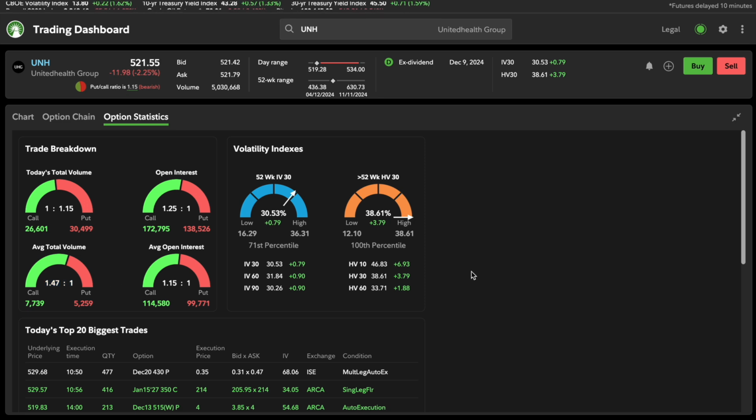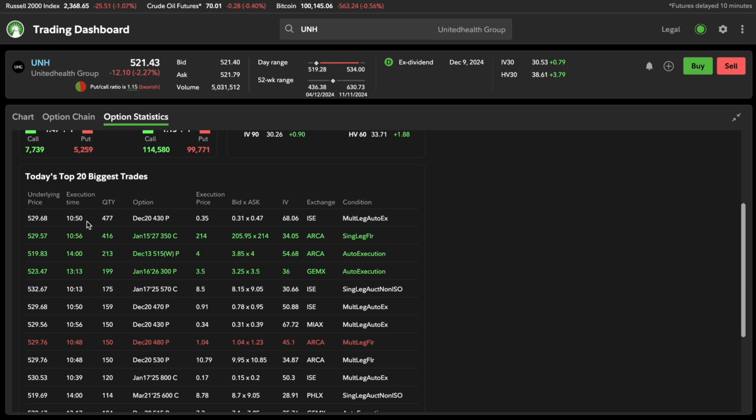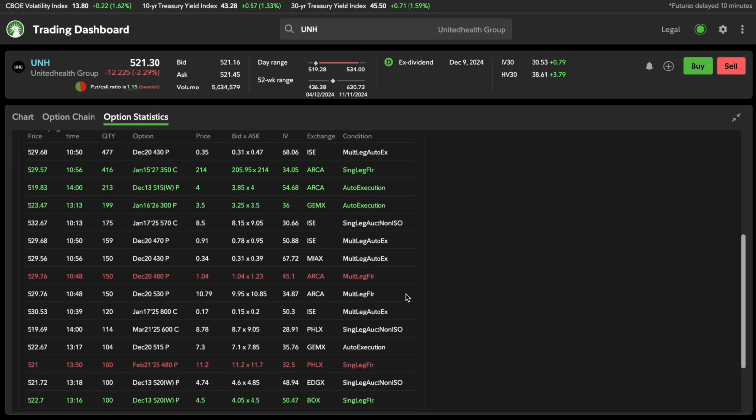And then just looking overall at the top 20 biggest trades, there are call options being put down. You can see here, January 15th, 2027, $350 call. So somebody bought really in the money on that one. December 13th, 515 puts. December 16th, 2026, 300 puts. So very interesting, some of these moves that they're putting on this.